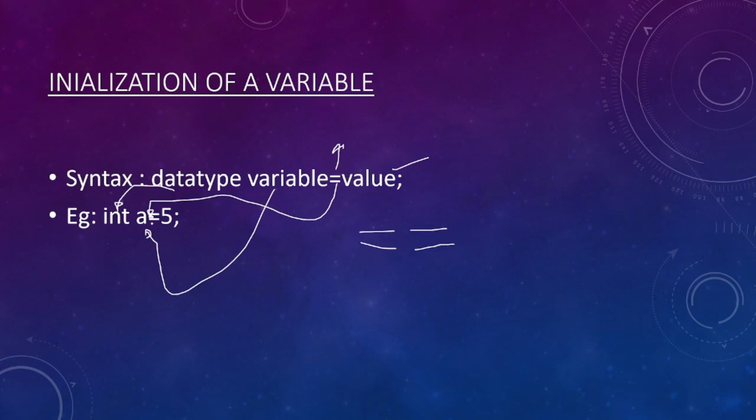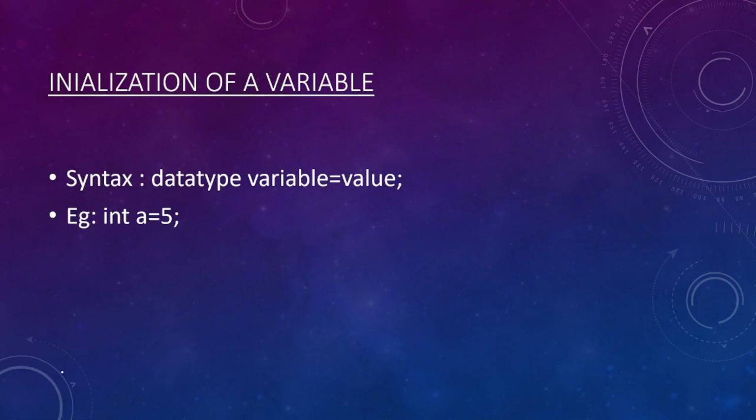If you are trying to initialize something, then you use only the single equal to operator. Please remember this, it is important, because most students get confused here. They think whenever you use a single equal to operator, it's comparing the values, but it's actually not comparing. Whenever you use the single equal to operator, you are actually initializing the value.